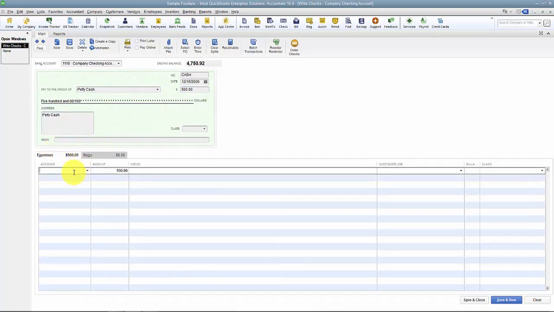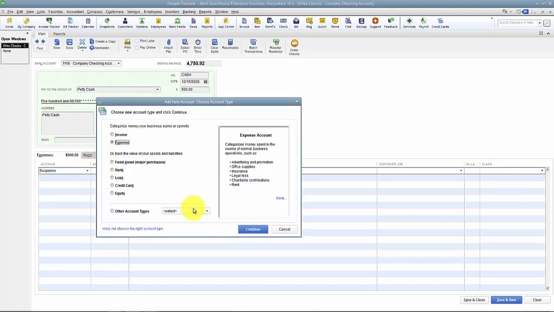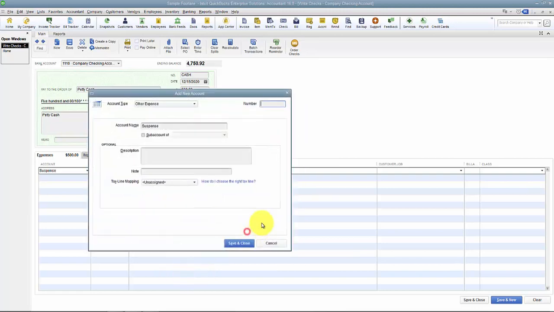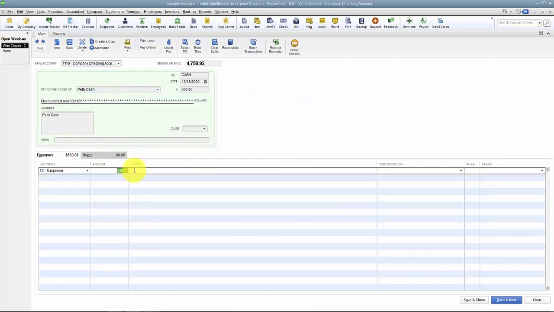So they went to the bank, they took out $500, but they don't know what they're going to spend that on yet, right? So sometimes I see them just put it to an account called suspense, right? And suspense is an other expense account, and it sits in this suspense account until I can figure out what I spent that $500 on.